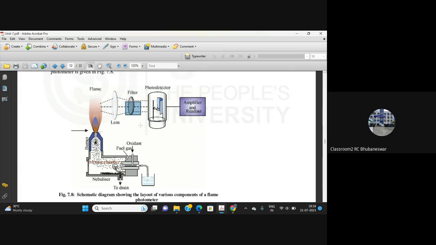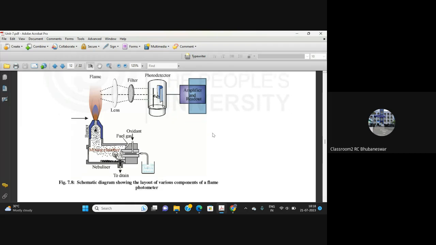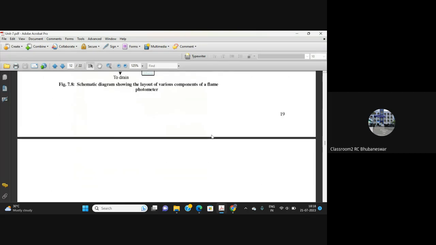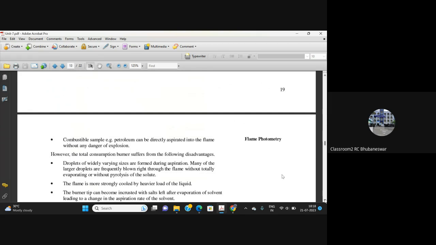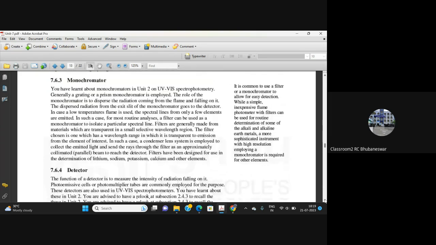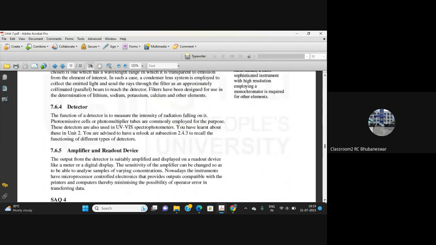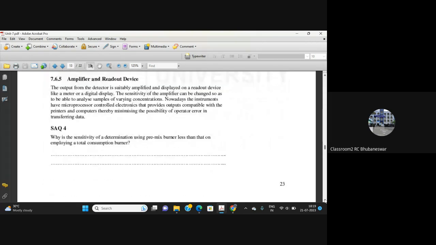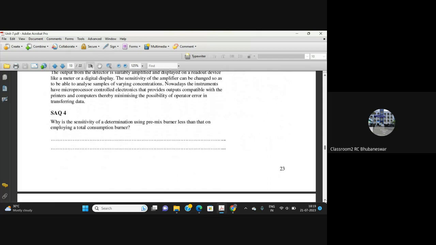That filter or monochromator will be there as a selector. Then the photodetector will detect it, the amplifier will amplify the signal, and on the readout device you will see the atomic spectrum. So the monochromator, detector and amplifier will be there to see the results.